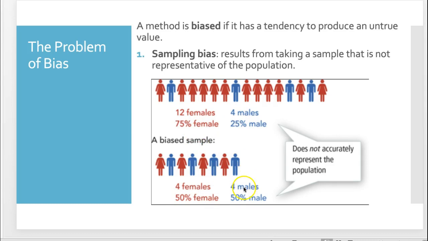In this population, 75% is female, and some topics, depending on what we're asking, could be associated with gender, just like how we saw political party affiliation and willingness to accept refugees.